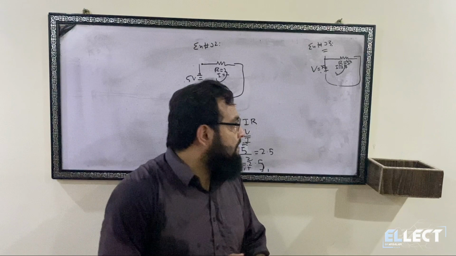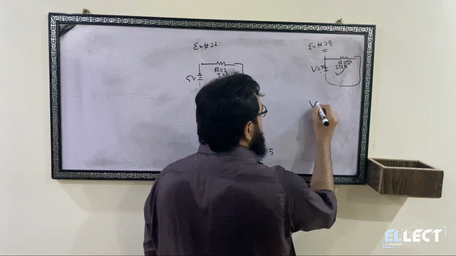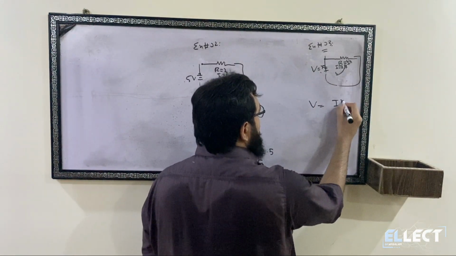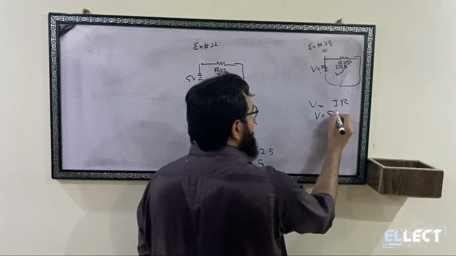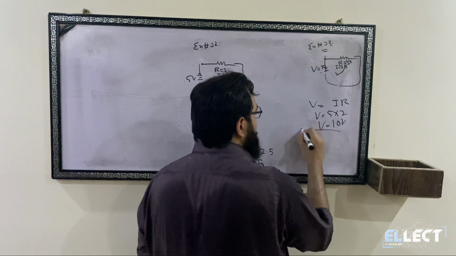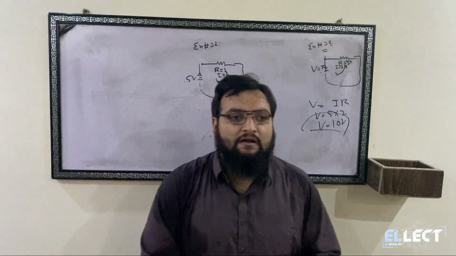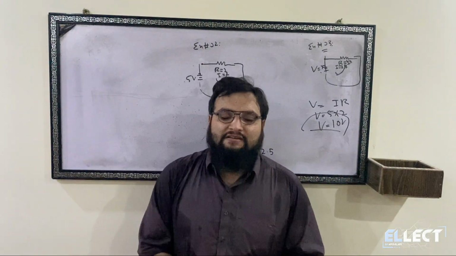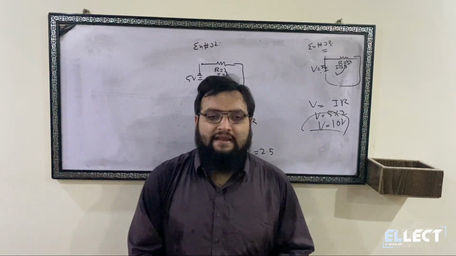So according to Ohm's law, V is equal to IR. V is equal to 5 multiplied by 2, so V will be equal to 10 volt. So the voltage across the electric circuit is 10 volts.